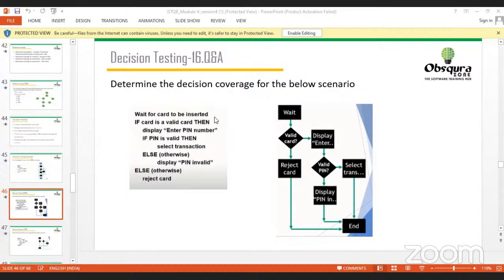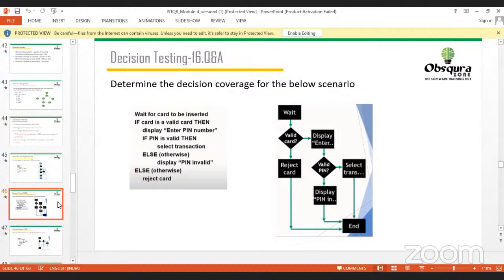So 3 is the correct answer. It will be like this: this path, then this path, then this one. Then only all these green lines will be covered. So these are the 3 paths. In statement coverage also we had the same result, right? It may not always be the same for decision and statement, but this has come as a coincidence.